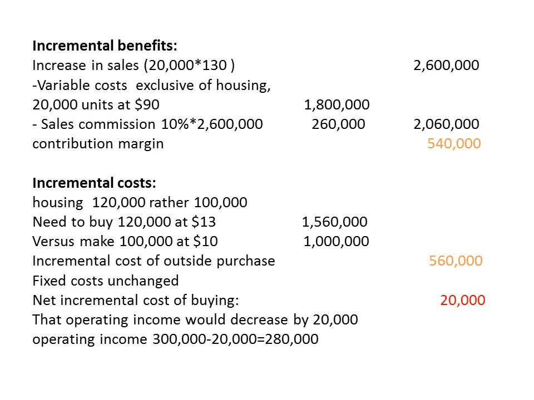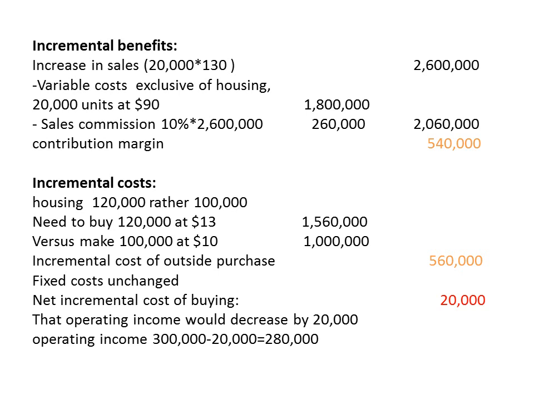In this case, we would first calculate the incremental benefit of that decision and the incremental cost. Incremental benefit is the increase in revenue or decrease in cost. Incremental cost is the increase of cost or decrease in revenue. First, producing and selling 20,000 deluxe units at 130 each would generate revenue of 2,600,000.